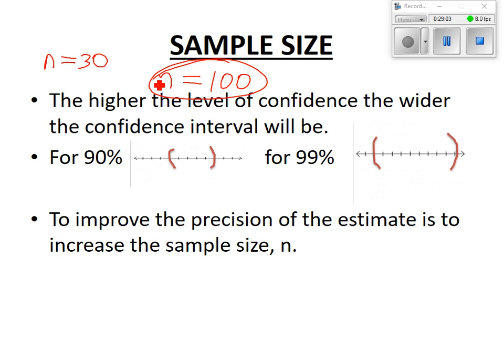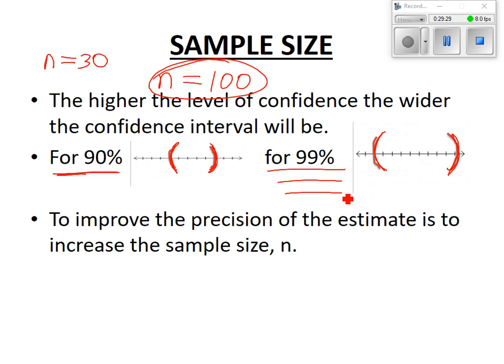Also, the same idea with the confidence levels. Being 90% confident means that you're going to have a small interval. Being 99% confident means you're going to have a bigger interval. Now, 99% isn't necessarily better than 90%.